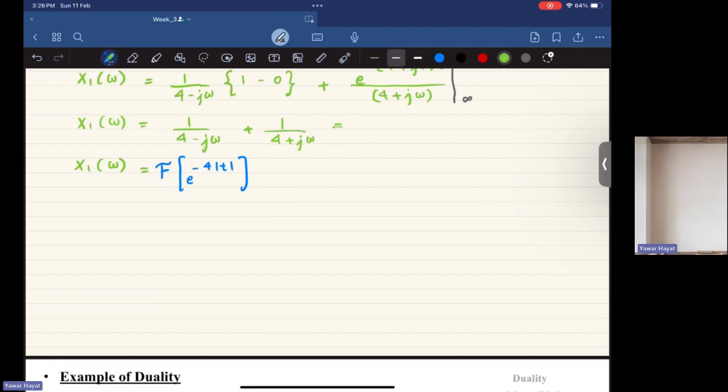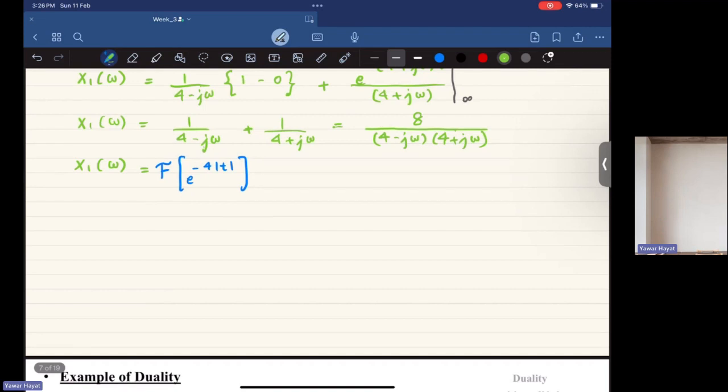You'll simplify this, you'll get 4 minus j omega, 4 plus j omega, and then we have this 4 plus j omega plus 4 minus j omega, right? This j omega and j omega would cancel, right? Plus j omega would cancel with this negative j omega. You are left with 4 plus 4, and that evaluates to 8, right?